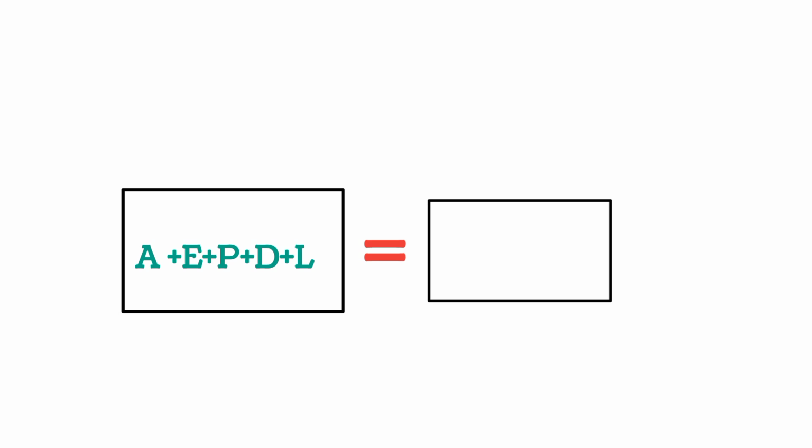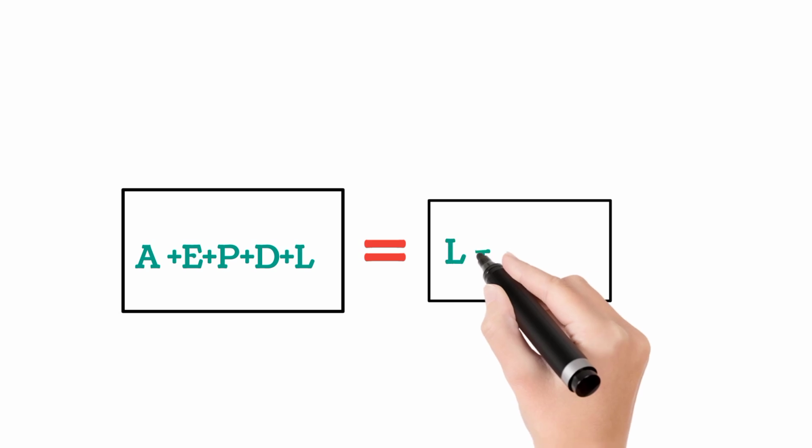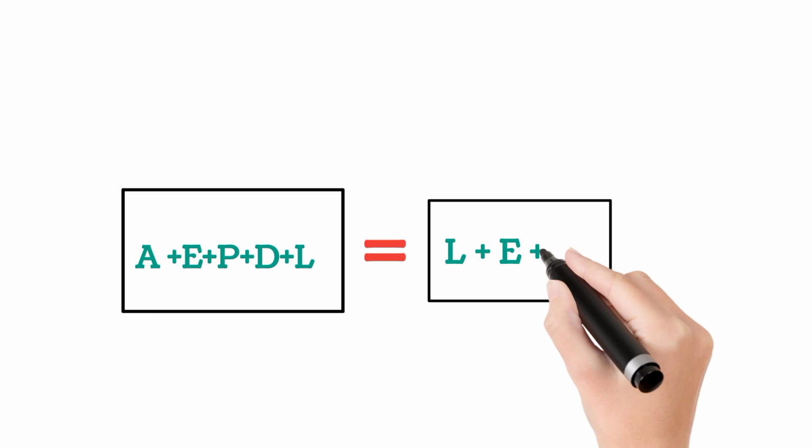On the left hand side we have assets, expenses, purchases, drawing, and loss items. That is, A is equal to asset, E is equal to expenditure, P is equal to purchase, D is equal to drawing, and L is equal to loss items.